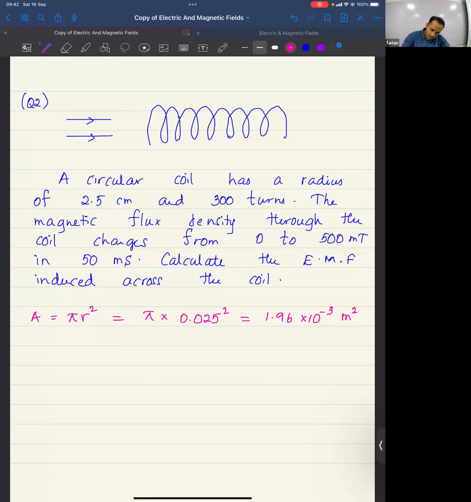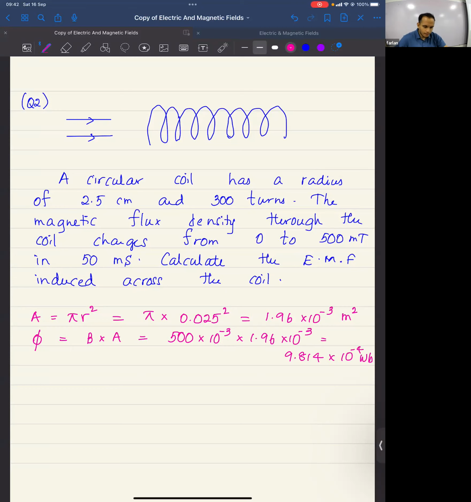So the magnetic flux will be B into A. B is given changing from 0 to 500 millitesla, so 500 into 10 to the power minus 3 to convert to Tesla, into the area 1.96 into 10 to the power minus 3. That is 9.817 into 10 to the power minus 4 Weber. This is a magnetic flux.